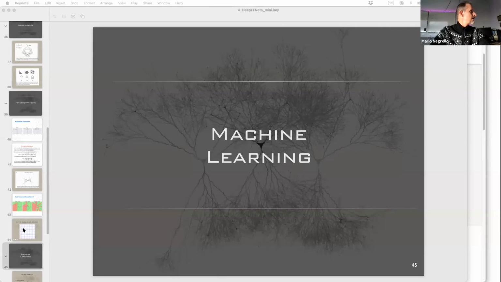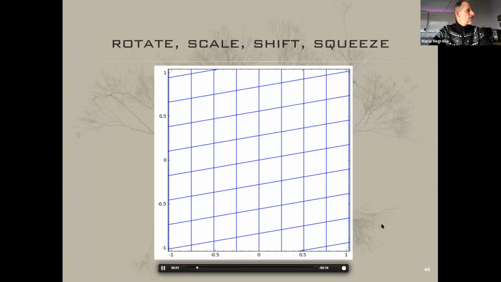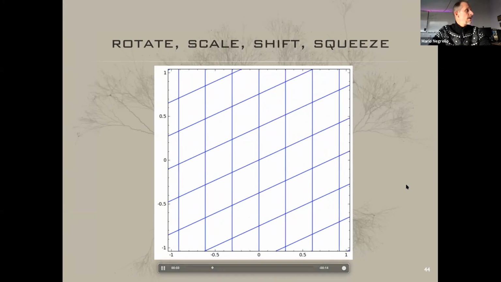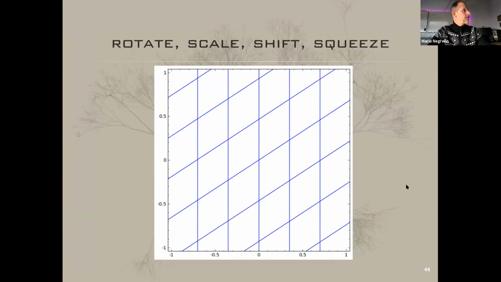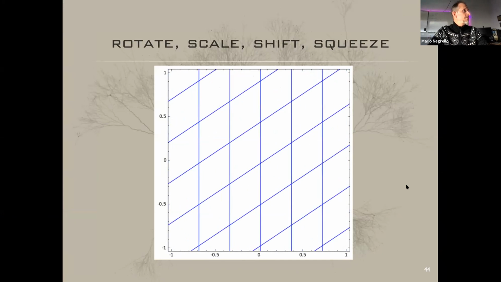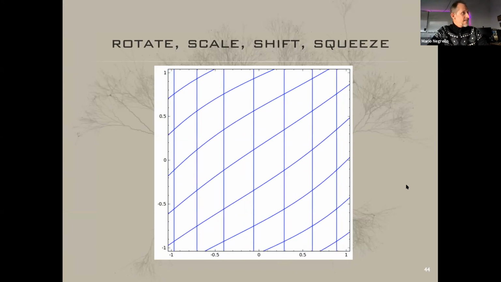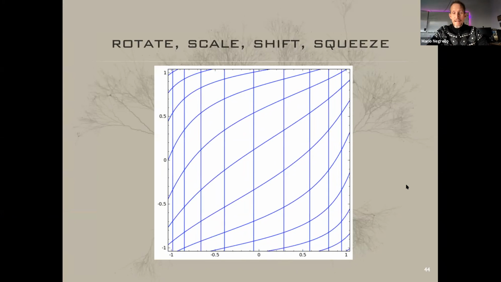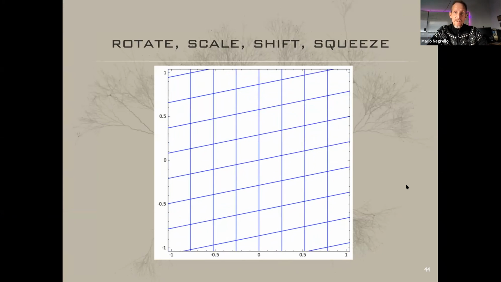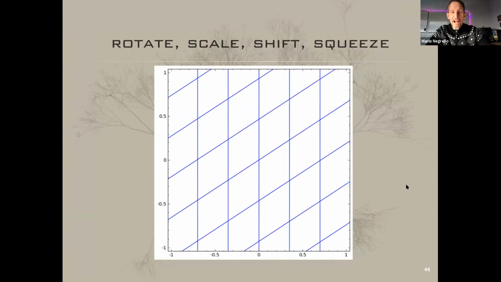Where is it? Here. So, skewed by these: scaling, shift, and squeeze. The squeeze operation is the nonlinearity.